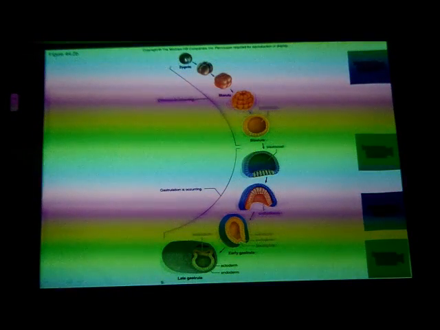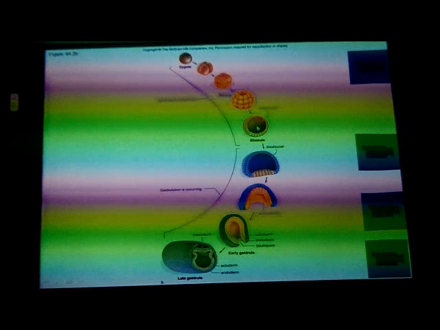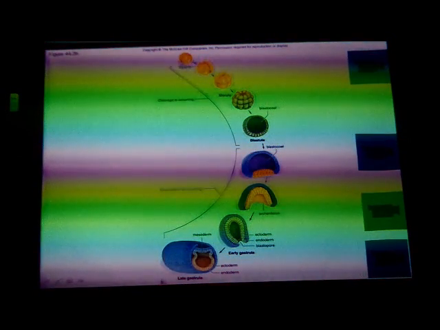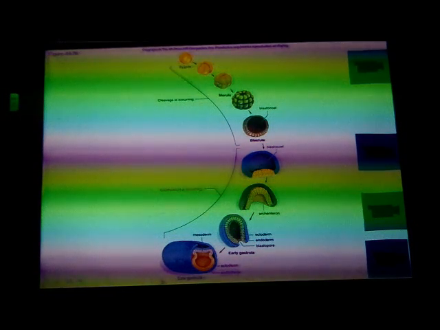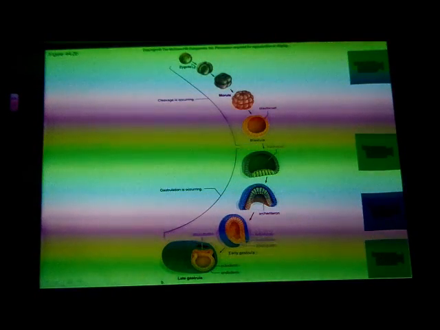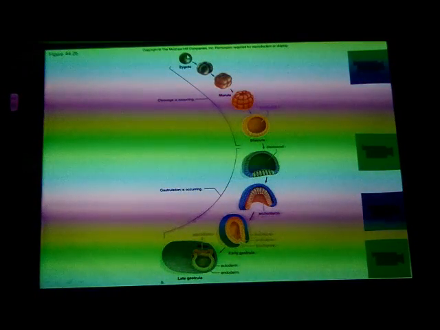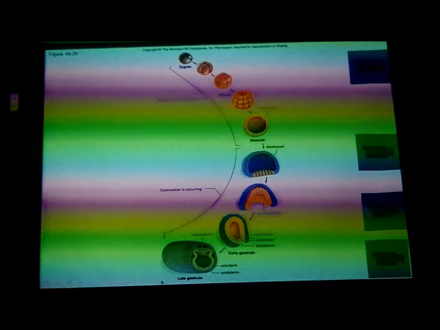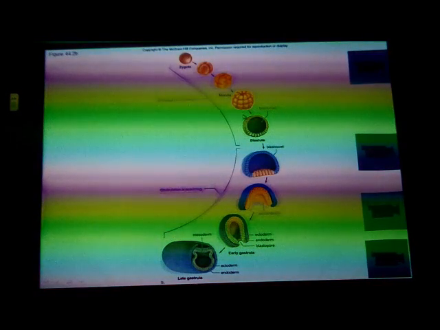Anywho, we call this stage where it goes from zygote to blastula, we call that cleavage, because the cells are cleaving in half. It doesn't have anything to do with the cleavage that you're thinking of. Y'all's mind is always in the gutter. Cleavage is a division, and so we're dividing the cell in half over and over.